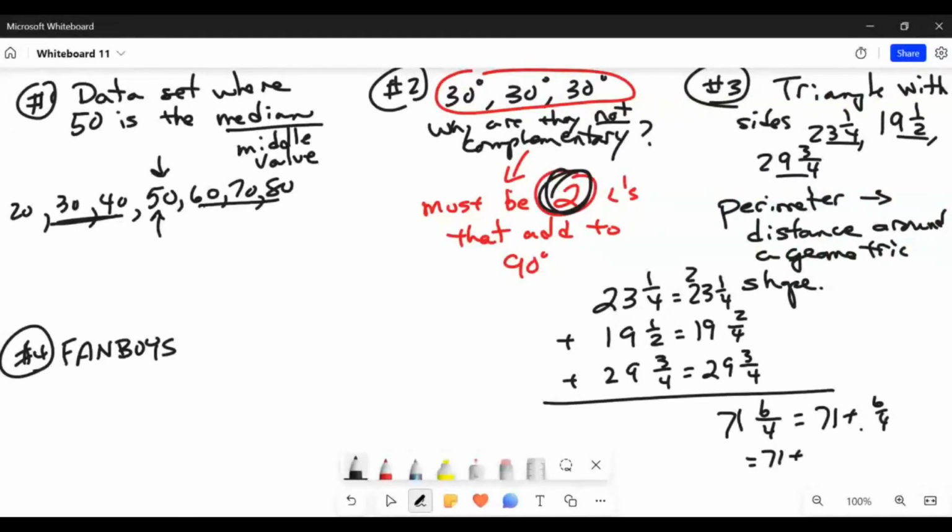And 6/4 is 1 2/4. 1 2/4 is 1 1/2. So this is equal to 72 1/2. Okay, so that was the answer for number 3, 72 1/2.